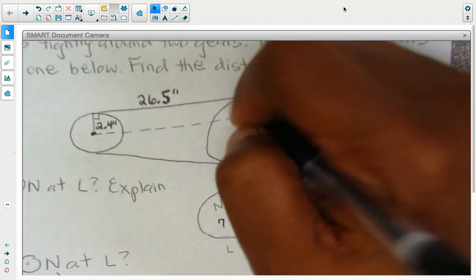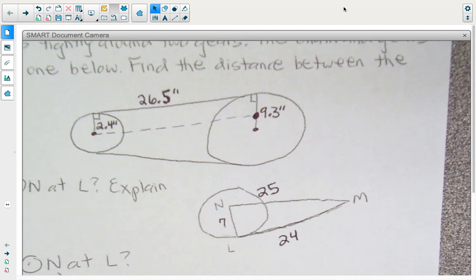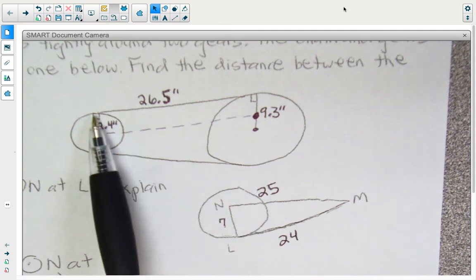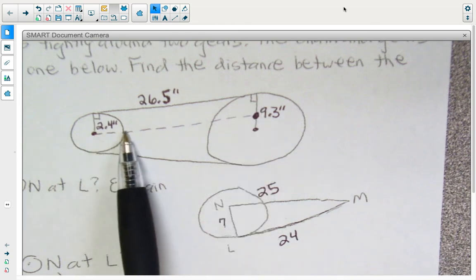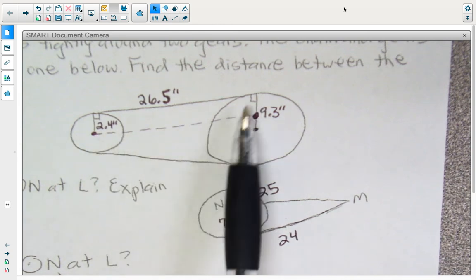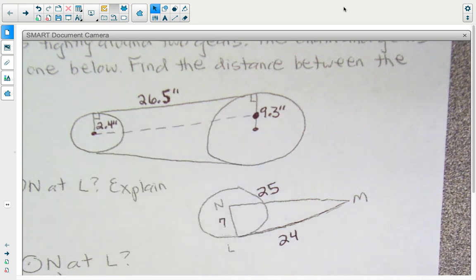I want my line to be 26.5 up here, going at the same slant as this one up there. So now I have a rectangle.